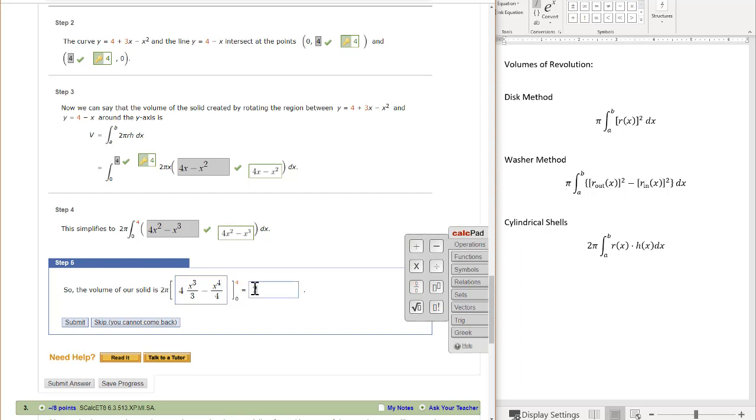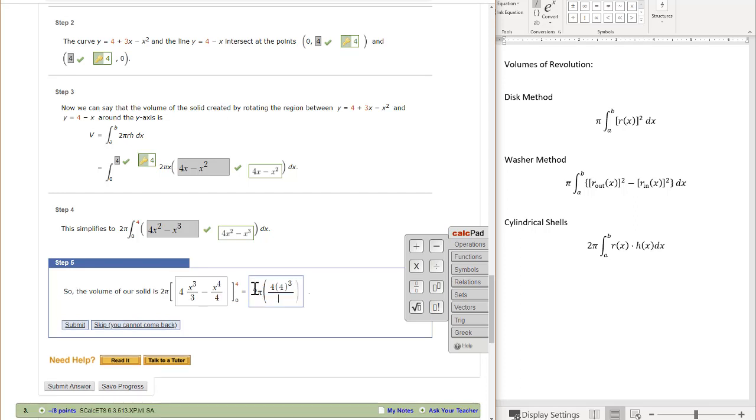So this is going to be 2 pi times 4 times 4 to the third power divided by 3, minus 4 to the fourth power divided by 4. Well, let's see.